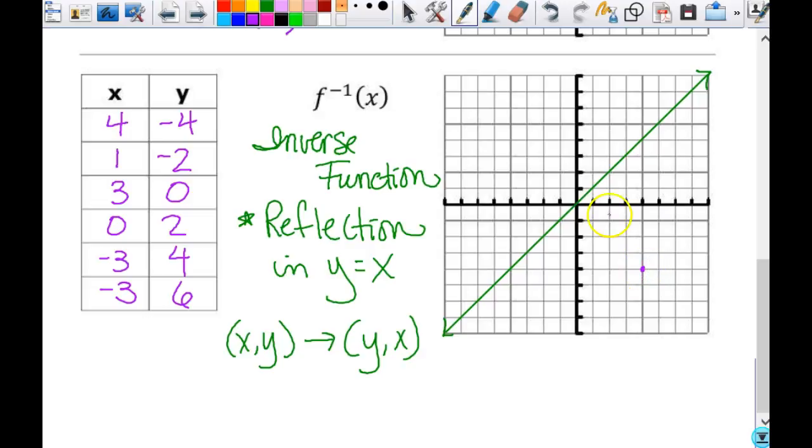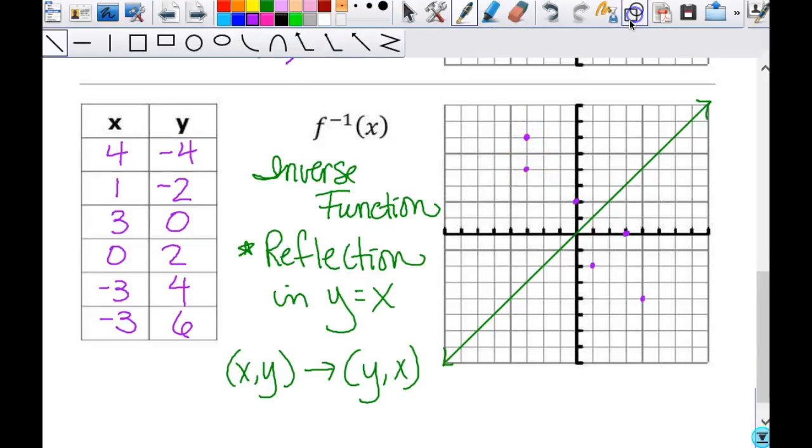Hopefully I'm right on this. 2, 0, 2, 4, 4, 6. There is your inverse. Okay.